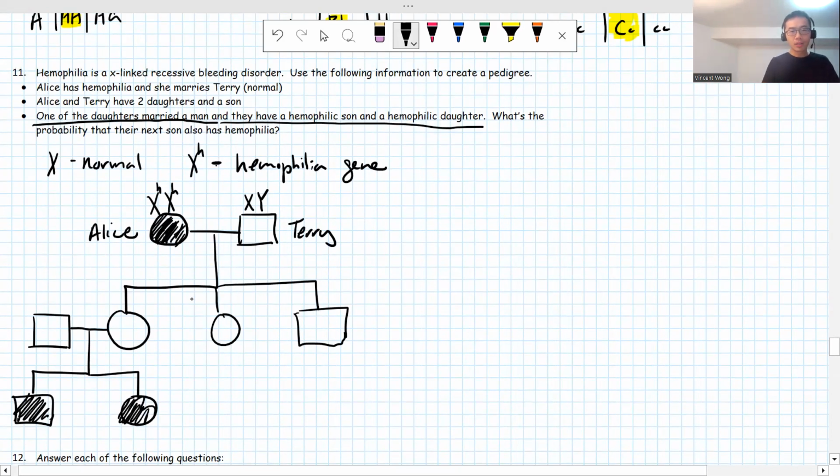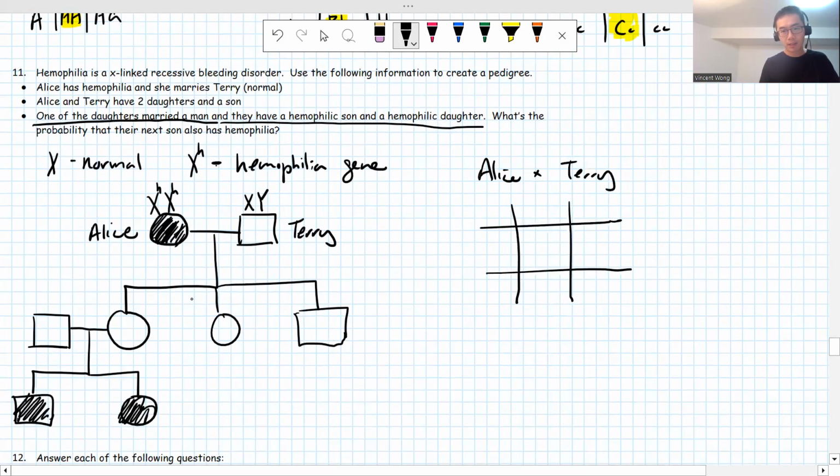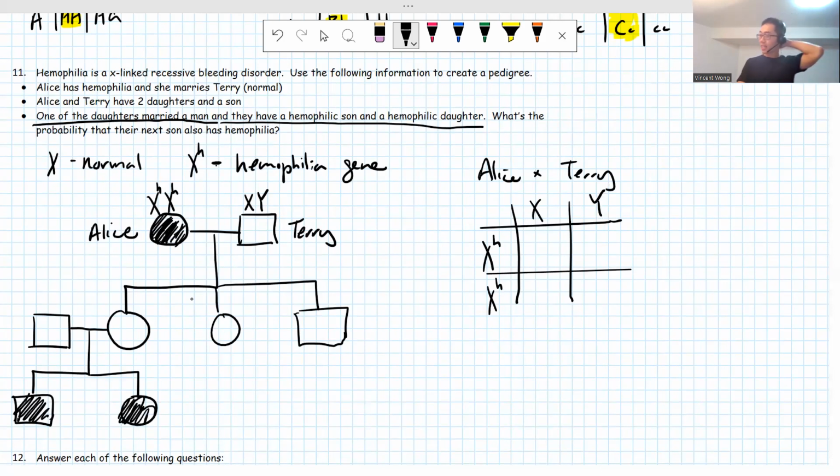Let's do the Punnett square for Alice and Terry, just to see what kind of combinations we can have. XH for Alice and just XY for Terry. And then we can combine the letters.